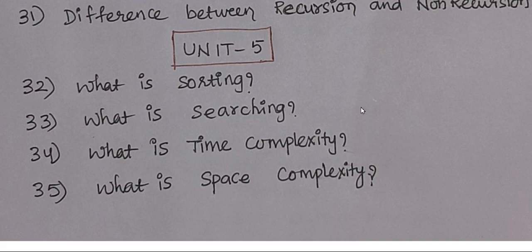Next, what is the time complexity? Next, what is the space complexity? From these time complexity, space complexity, they will ask what is the best case. Which one is for the sorting and searching? It will be asked. What is the best case?